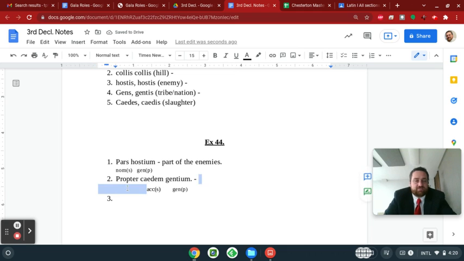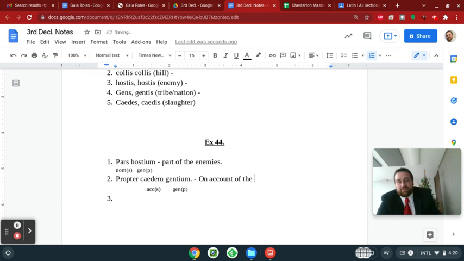Okay, and propter, we don't need to put anything there. It's a preposition. But we do need to know what it means because we have to translate it, right? Propter caedem gentium, on account of the caedem. Well, let me look at my vocab and see what caedem means. Caedes is slaughter. So on account of the slaughter, gentium, of the nations.